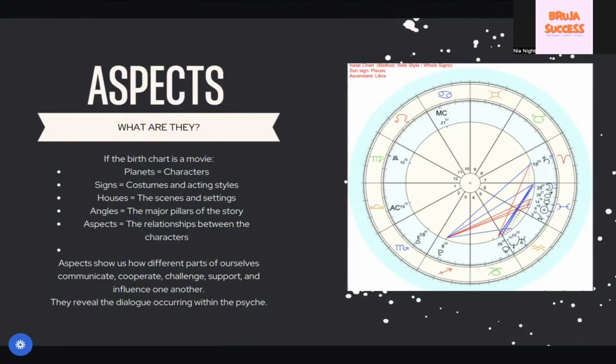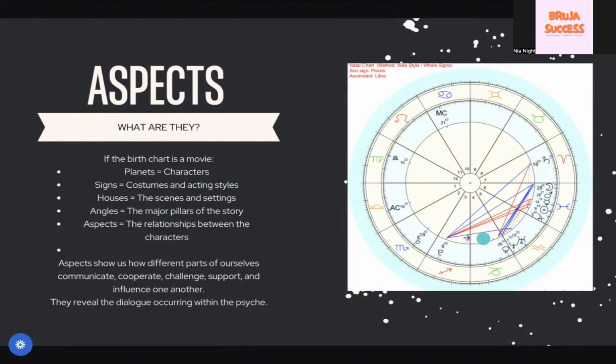Now, in this course, we're going to focus on just the 5 major aspects that every beginner should know, because right now we're just learning the foundations of reading our chart and getting into astrology and learning to work with our own energy. Now, the 5 major aspects, to briefly introduce them, would be the conjunction, sextile, square, trine, and opposition. These will be the 5 major aspects that we are learning about today.